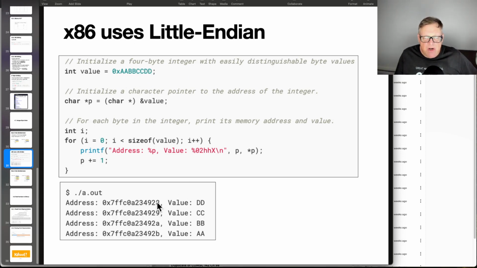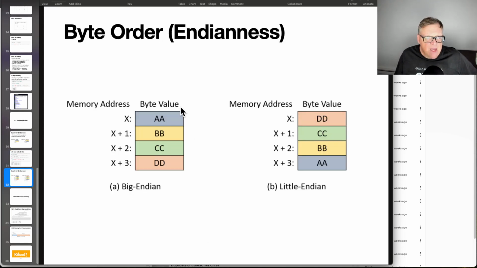If we go to the bytes one by one, it's actually stored this way: DD, CC, BB, AA, backwards. A very strange thing to do, but that's the way Intel processors work. So same thing here. This would be big endian, but this is little endian.